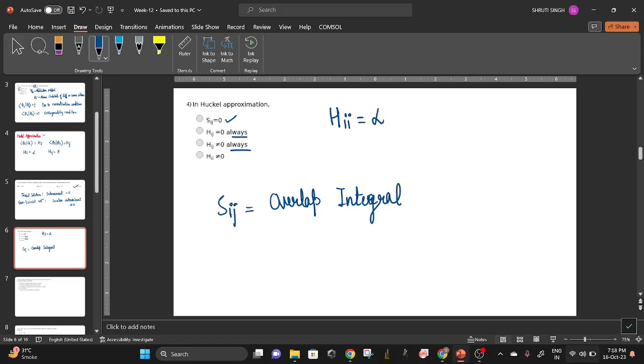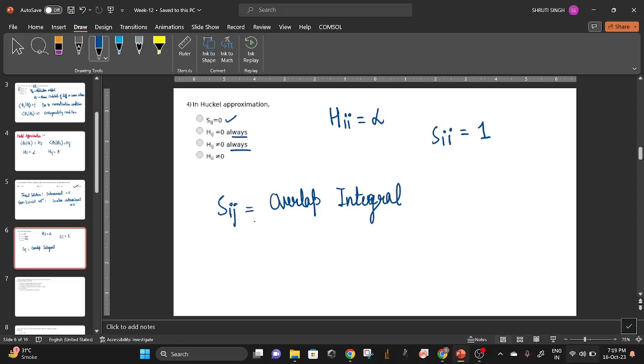So Sij is equal to the overlap integral. Sii is equal to 1, the overlap between atomic orbitals of the same atom, and Sij is the overlap integral.